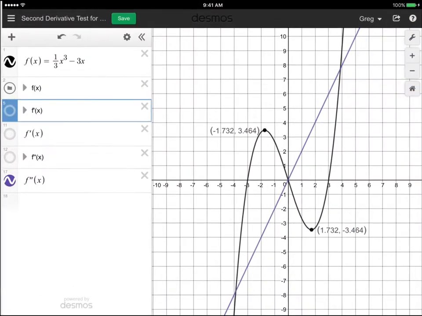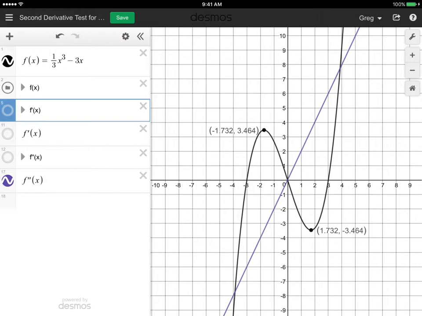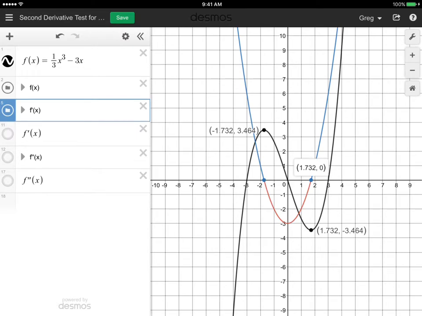So first, let's look at this graphically. We have our original function, and now I'm going to graph the second derivative. Using the first derivative, I've already identified the x value of 1.73, which, looking at the original function, I'm going to refer to as the square root of 3. What I've already identified using the first derivative test is that I have two critical points where the first derivative is equal to 0.